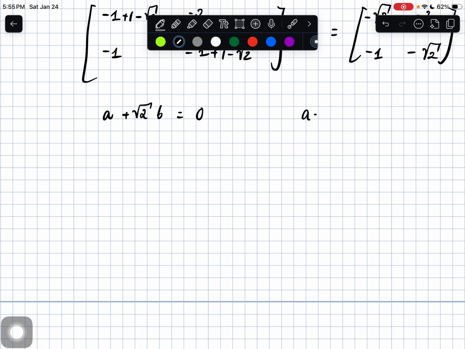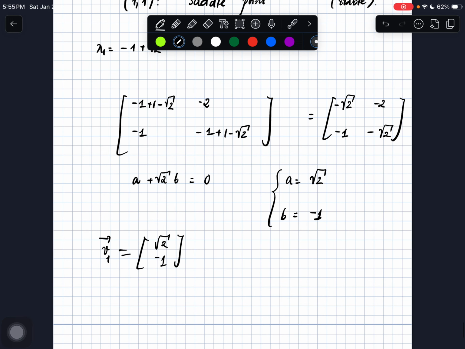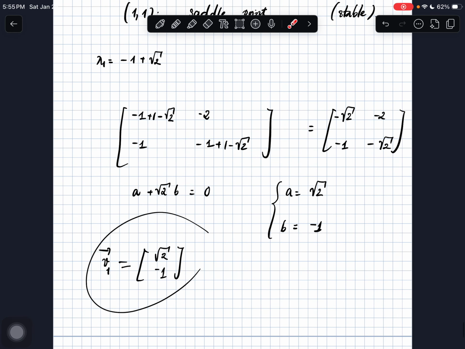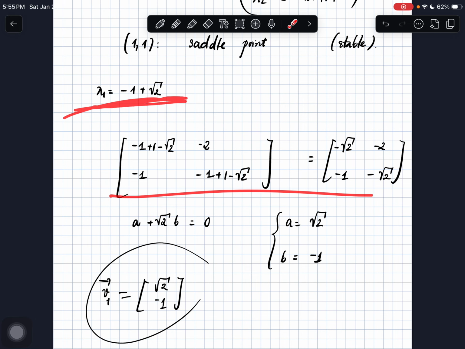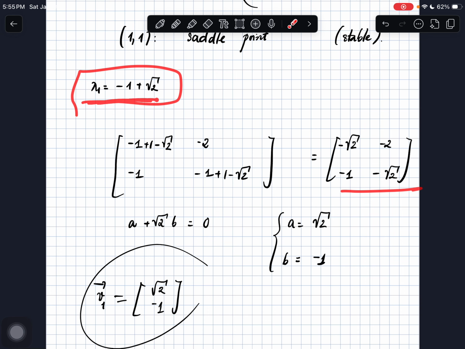So I can choose this to be A equals root 2, B equals minus 1. Root 2, minus 1 is an eigenvector corresponding to V1. We can do this because we know that on the eigenspace we have one linearly independent eigenvector corresponding to lambda 1.